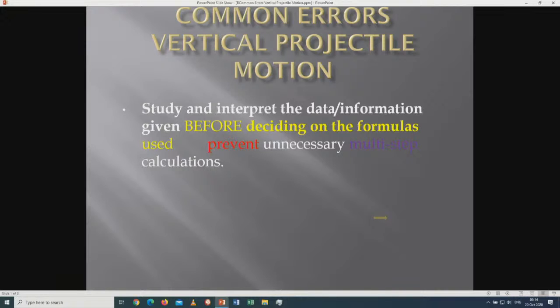Immediately when another force is present, like friction or applied force, it isn't free fall anymore. So you will see in the past papers quite a few times they have asked you to define what free fall is, and the very crucial part of that definition is the fact that you mention that the only force acting is the force of gravity.